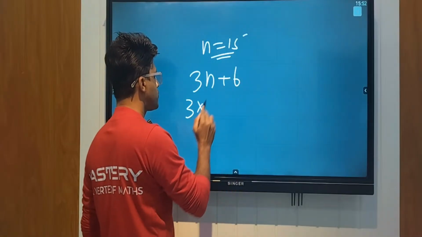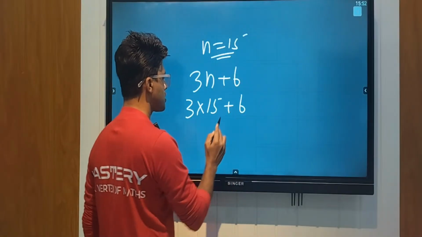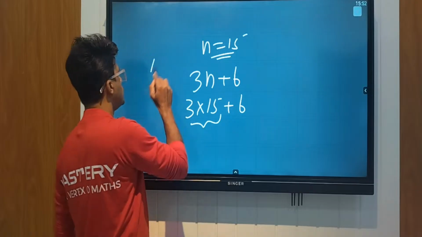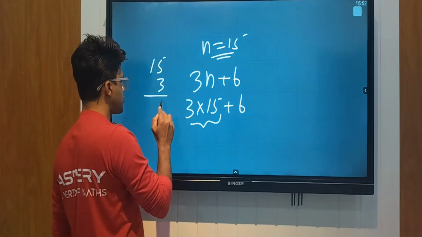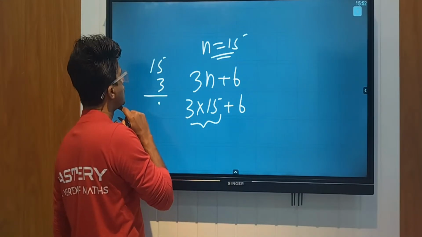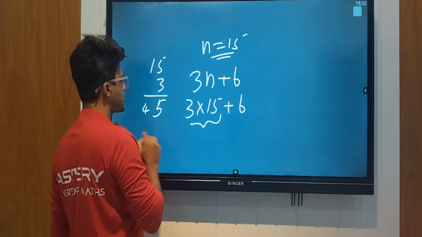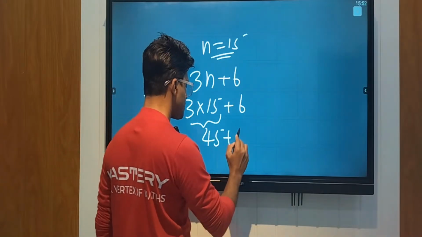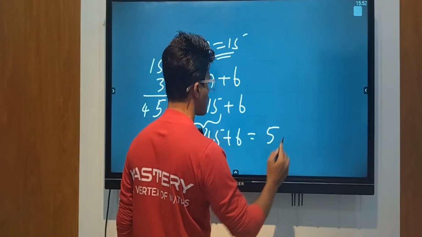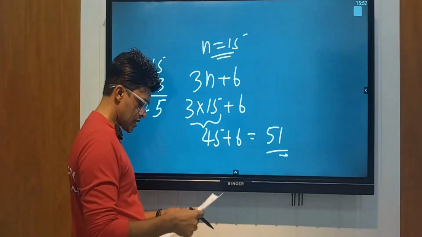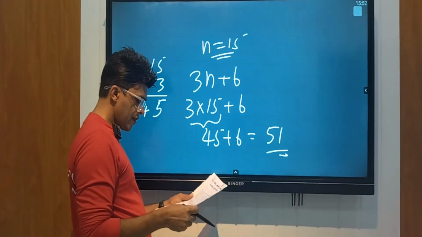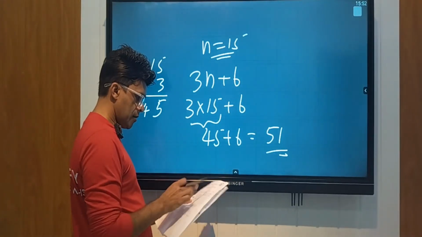So 3 times 15 plus 6 is 45 plus 6. Then the 15th row has 51 seats.